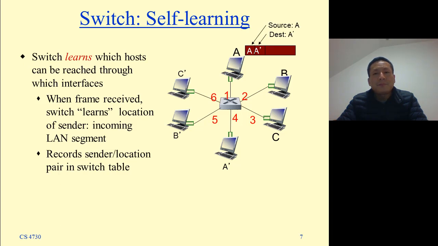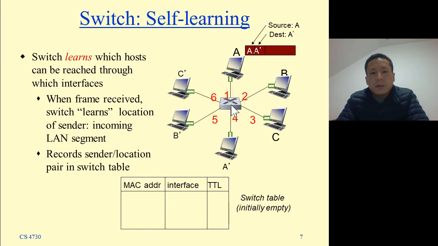So, for example, at the beginning, suppose the switch table is empty, and host A is sending some frames to host B, host A prime. These frames will arrive at the switch, and the switch will look into them and know exactly where they come from.